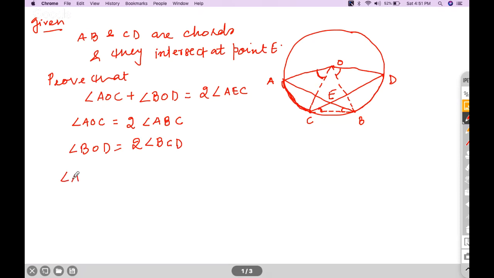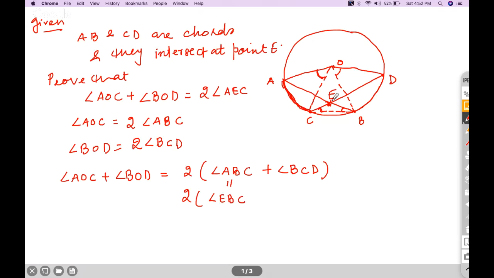So I added AOC plus BOD is equal to 2 times angle ABC plus angle BCD. Now try to understand angle ABC, because E falls on line AB, I can write angle ABC as angle EBC.